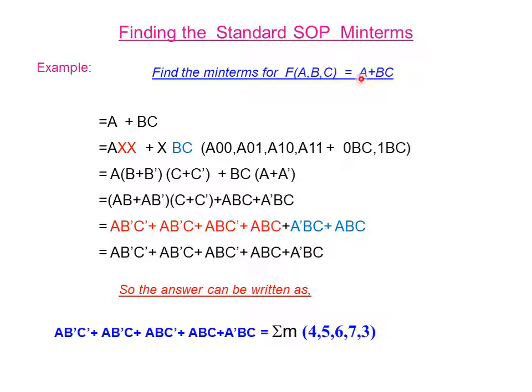The first term has two variables missing, that is b and c, and the second term has the missing variable a. So we are multiplying with the missing terms. For the first term, the missing variables are b and c, so we multiply with b plus b bar and c plus c bar. For the second term, the missing variable is a, so we multiply with a plus a bar.